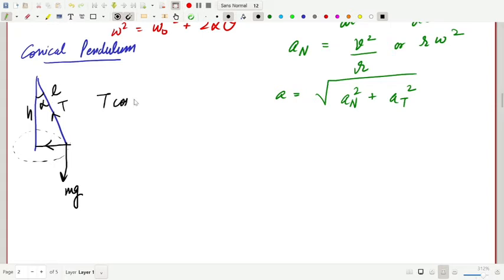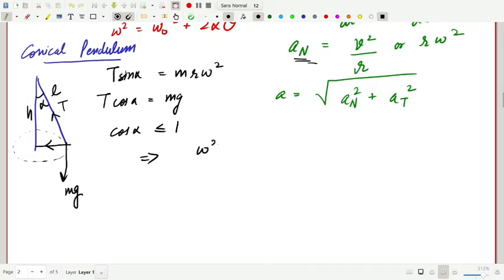Then T cos alpha is equal to mg, T sin alpha is equal to, in this direction, m r omega square, basically ma acceleration, and we know that cos alpha should be less than or equal to 1, which in turn implies omega square should be greater than g over l for the conical pendulum to move.